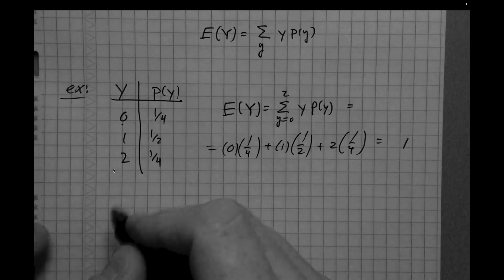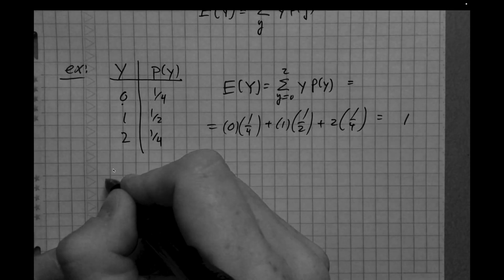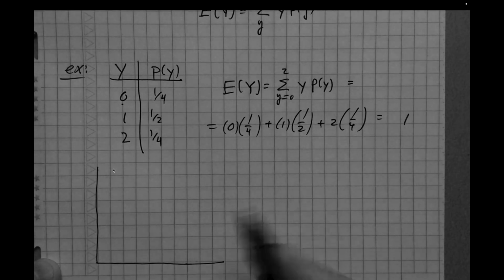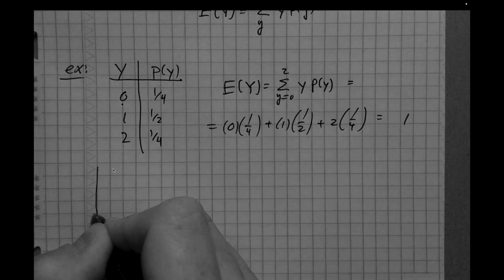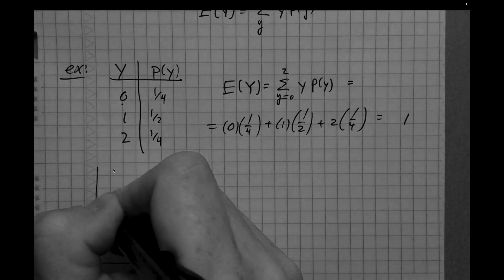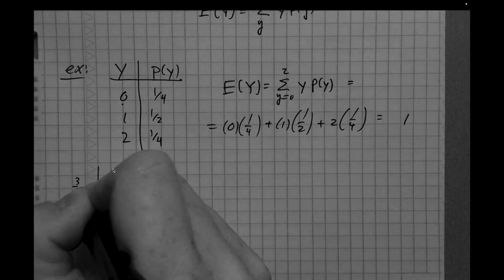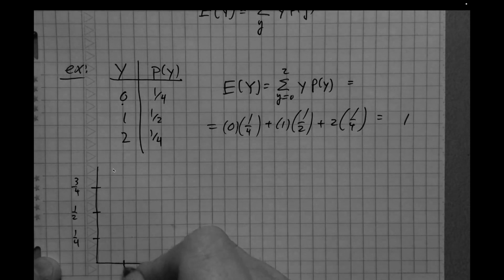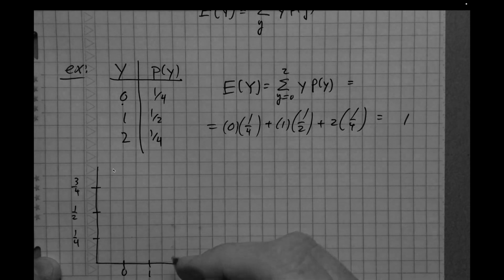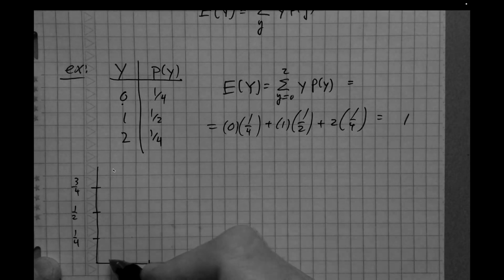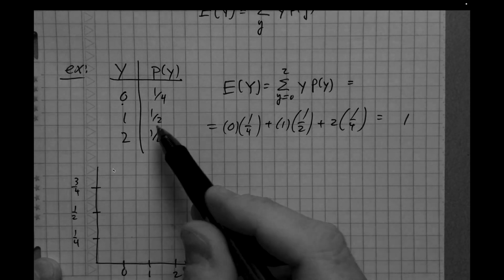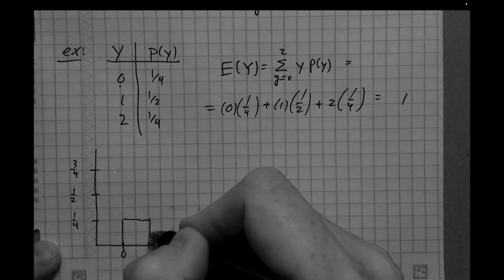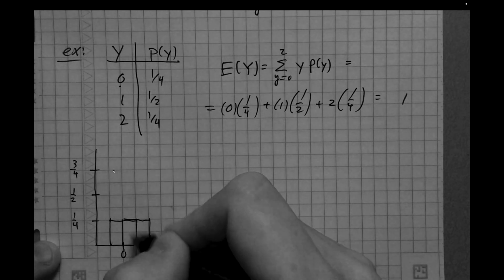Right, and we can plot this distribution. So let's plot this. Let's say I'll put a 1/4, a 1/2, and 3/4. All right, and then what do we got? We've got a 0, we've got a 1, and we've got 2. So the probability of 0, we can look here and we can see that it is 1/4. So it's there.